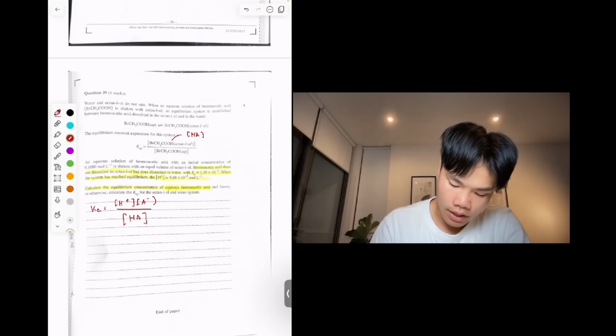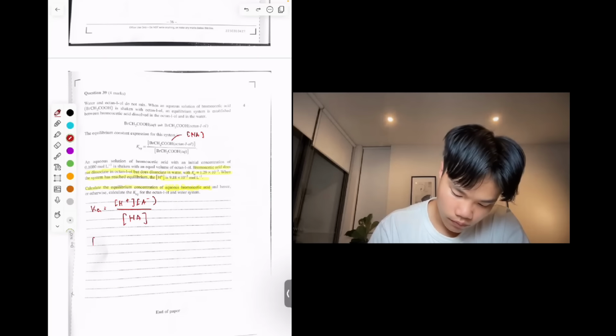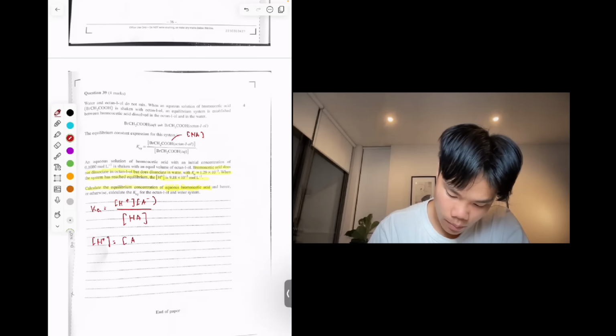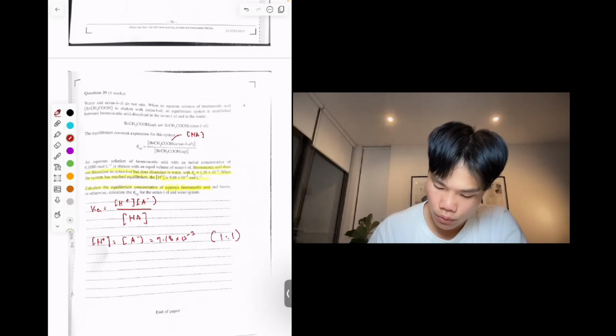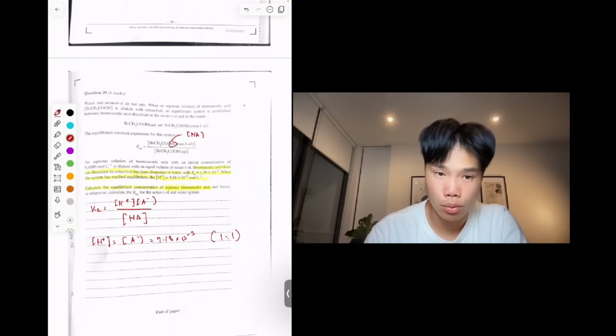In this case, we know that the H+ concentration is going to be equal to the A- concentration, which is equal to 9.18 times 10 to the negative 3, since they dissociate in a 1-to-1 ratio for bromoacetic acid, as there's only one ionizable proton.